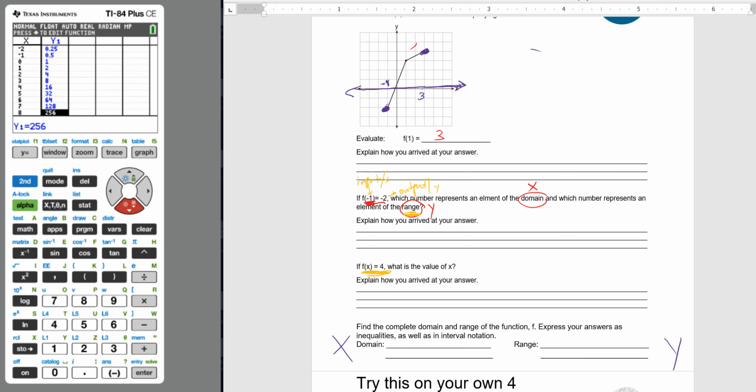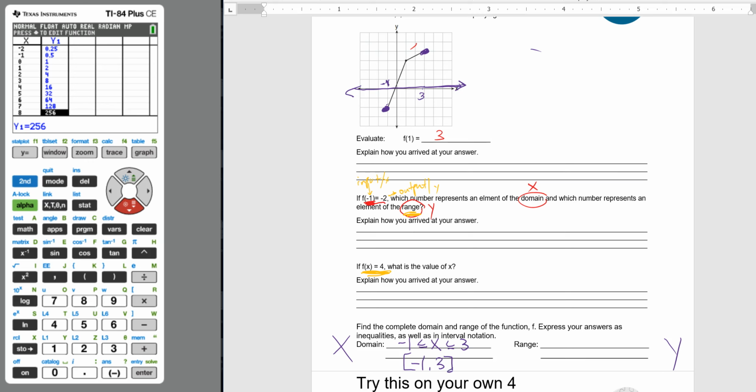So our domain goes from -1 to 3 inclusive. We could write that as an inequality, -1 less than or equal to x less than or equal to 3. Or in interval notation with a square bracket, we're going from -1 until 3.